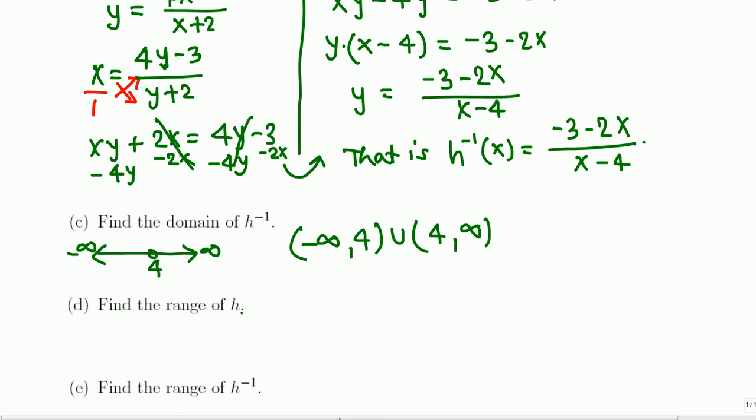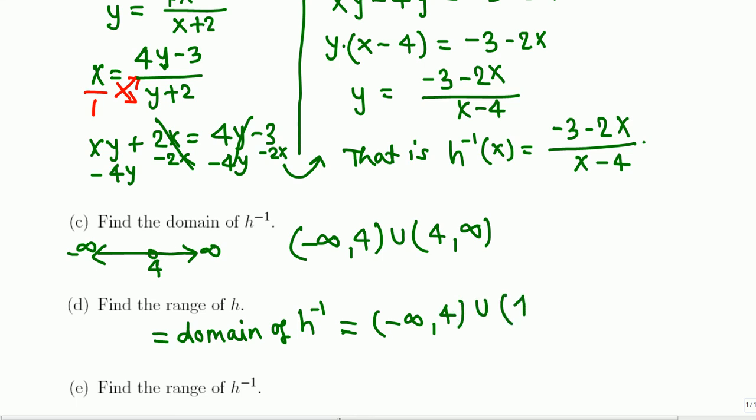Since h is 1 to 1, because we found the inverse, the range of h will be the same as the domain of h inverse. We just found the domain of h inverse: negative infinity through 4 union 4 through infinity.